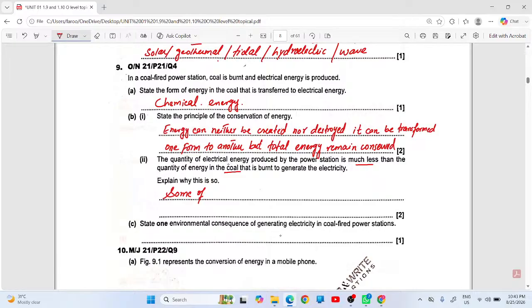Just want to convert the chemical energy into electrical, but the other chemical energy is also converted into other forms of energy.